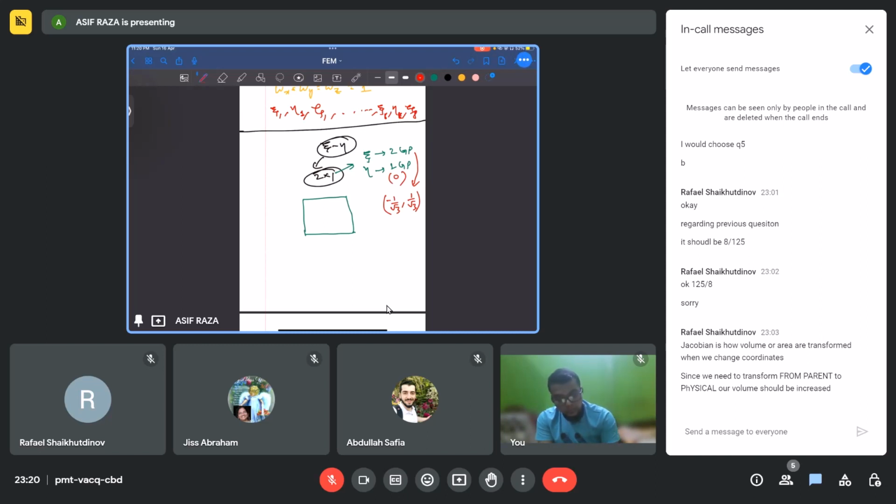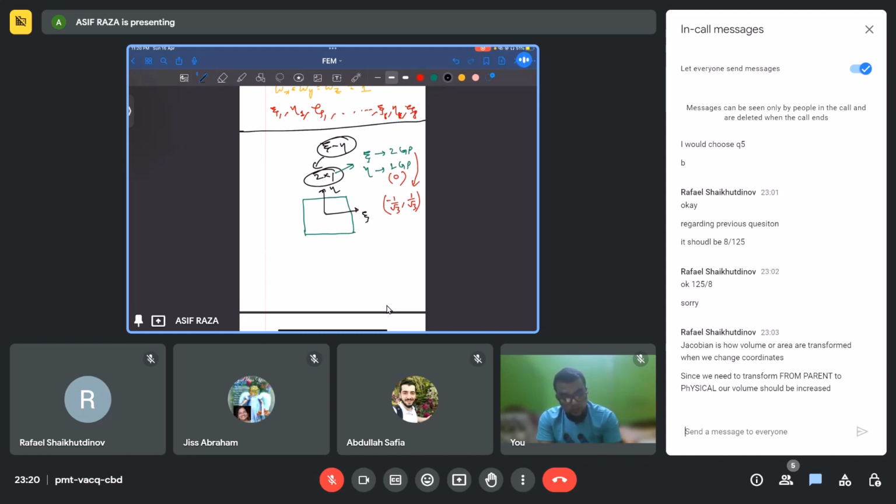Now it's 2 by 1, so the total Gauss points for this xi eta coordinate system will be 2 times 1, that is 2. There are only two Gauss points throughout this domain.